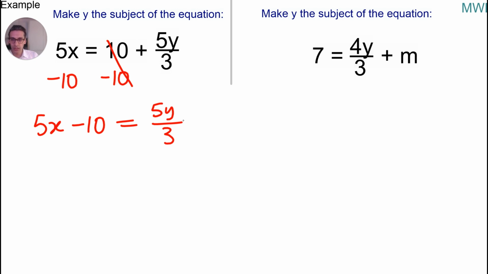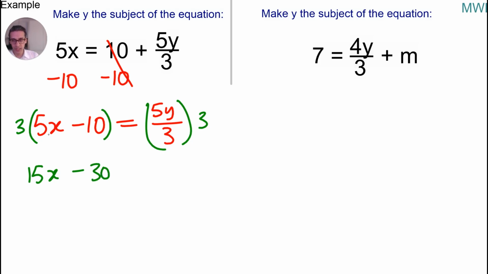I'm now going to multiply both sides of the equation by 3. So I get 15x minus 30, because we've expanded the brackets using the distributive law, is equal to, well, these 3's cancel out, so we get 5y.